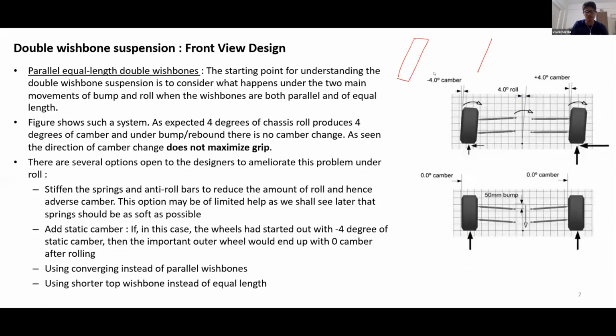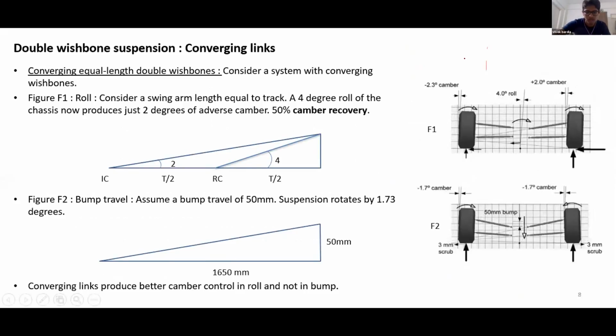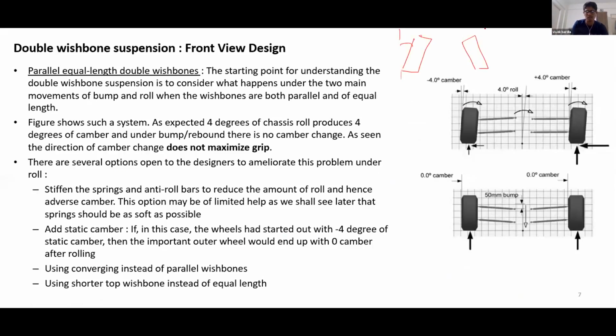Sorry, I mean -4. -4 would mean that your wheels are like this. Both the wheels are pointing inside, this angle being 4 degrees. So -4, right? So this is the amount of static camber that you have given, right?